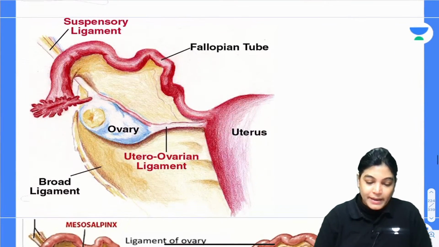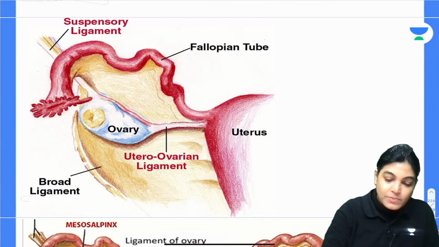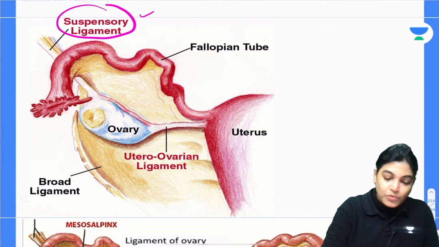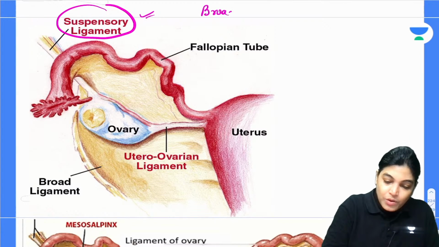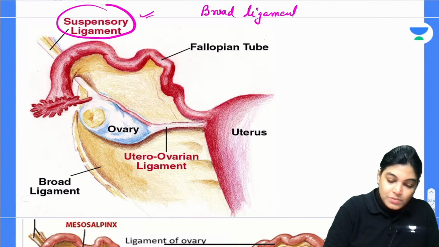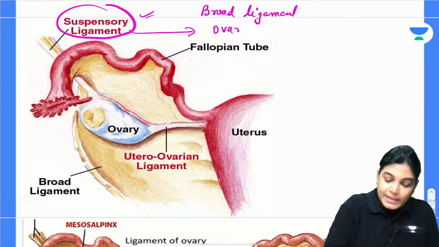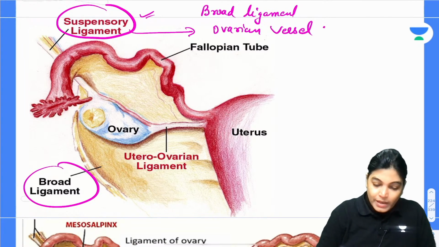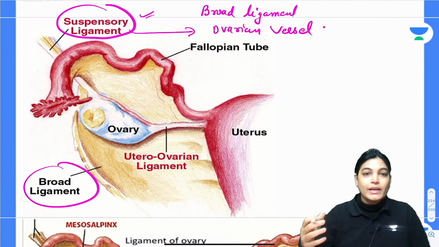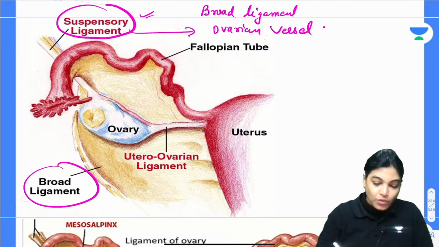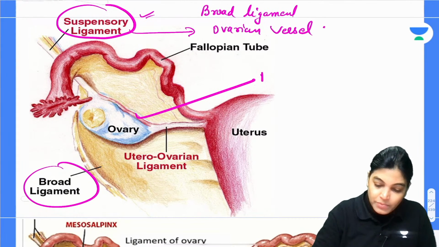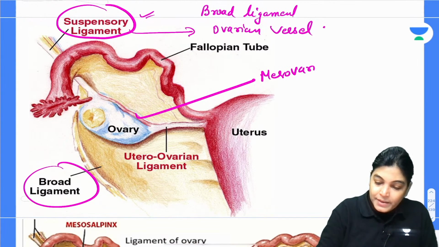And let me show you the diagram. The first MCQ asked here was the suspensory ligament of ovary, which is a part of the broad ligament, and through it the ovarian vessels pass, traversing the hilum of the ovary. This is the broad ligament, and the part containing and holding the ovary is the mesoovarium.